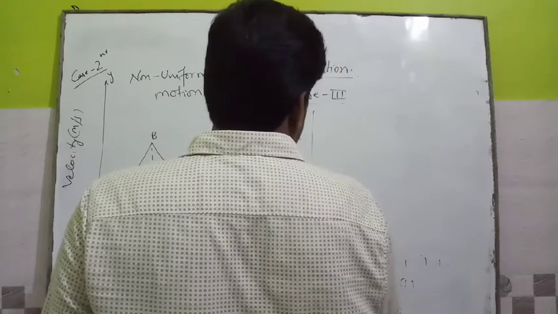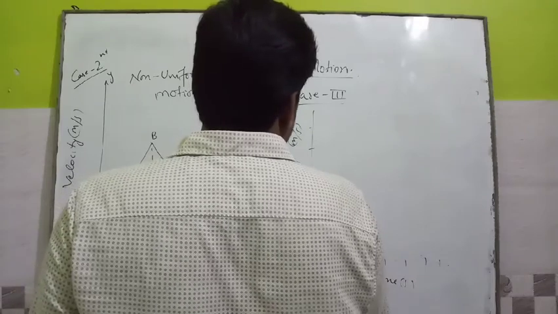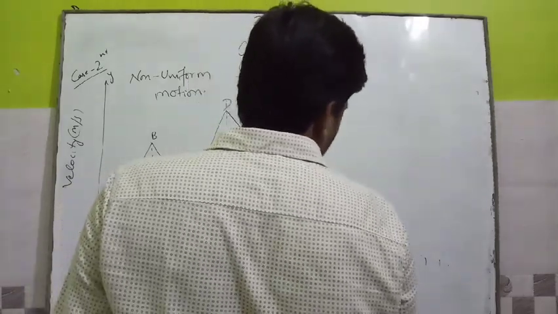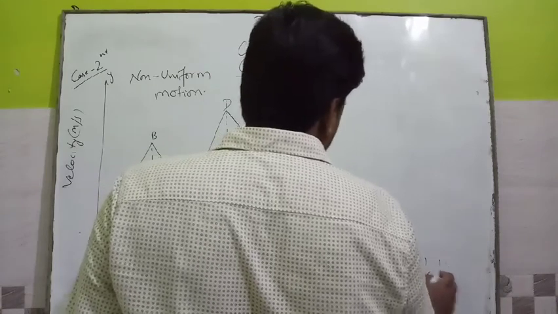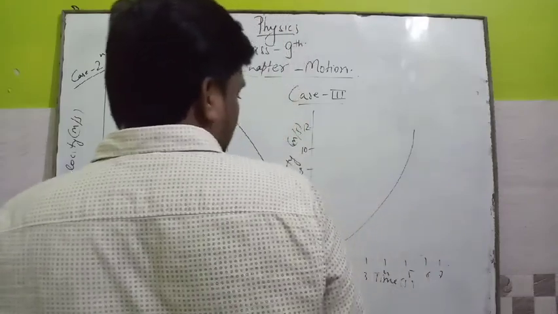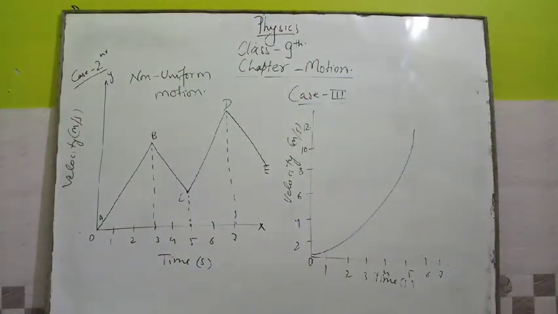Means 2, 4, 6, 10, 12. And the graph is like a curve. This indicates non-uniform motion. Clear? Okay. Note it.